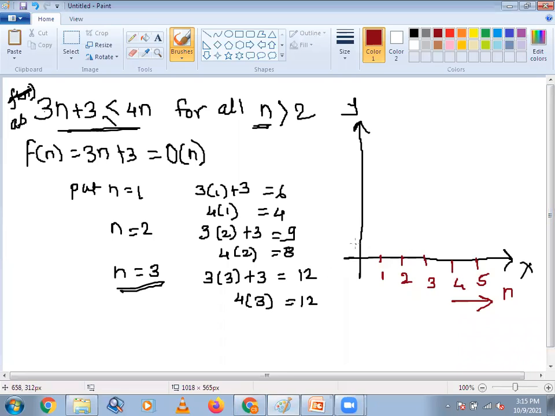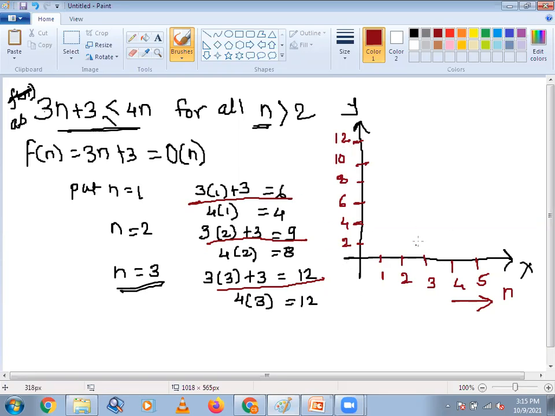And here the final result of f of n, suppose from 2, then 4, then 6, 8, 10, 12, and so on.